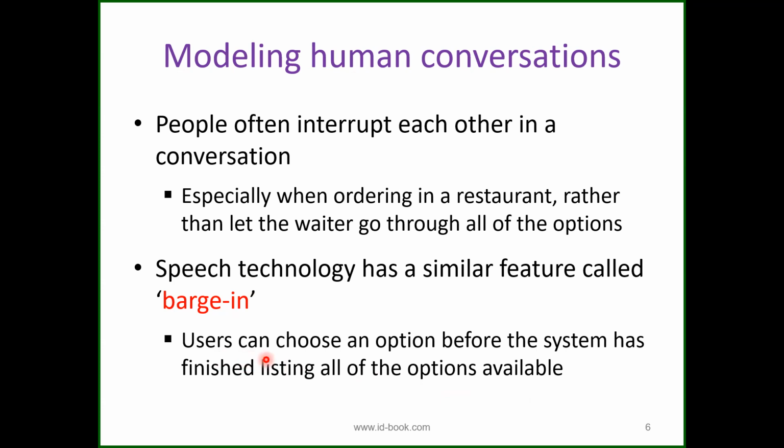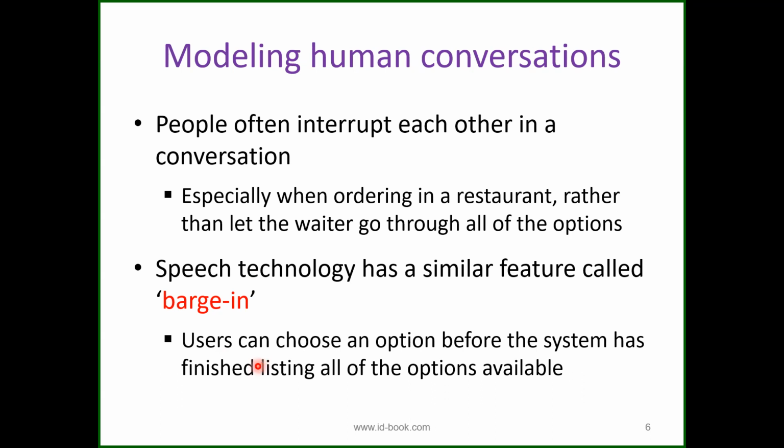For example, you are asking Siri on your iPad to list what are the restaurants nearby the university. It starts listing 1, 2, 3, 4. Now there are, for example, 10 restaurants near the university, and before it completes listing all these 10 options, you barge in, you get in the middle of it, and then you start inquiring about restaurant number 4.